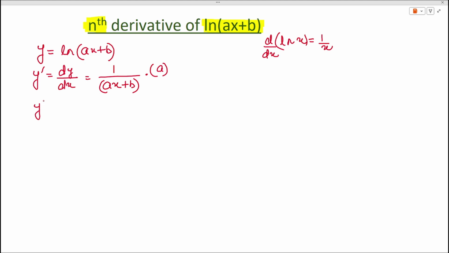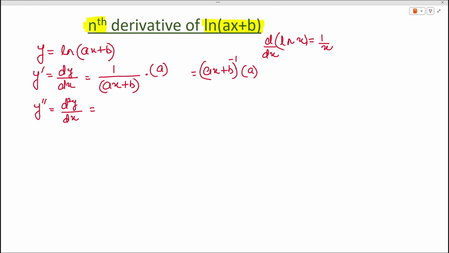Now, to get the second derivative, I can consider this as (ax + b) raised to the power of -1, multiplied by a.